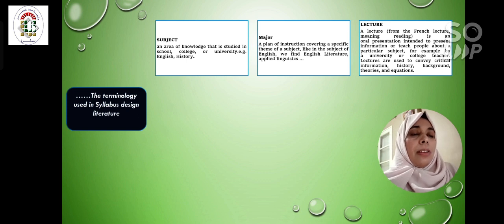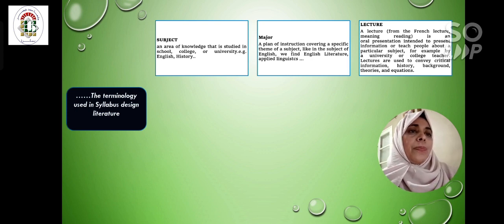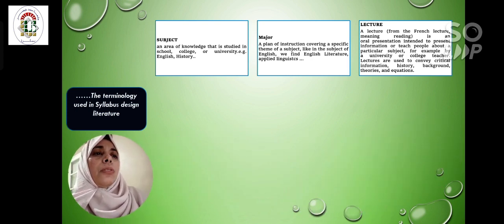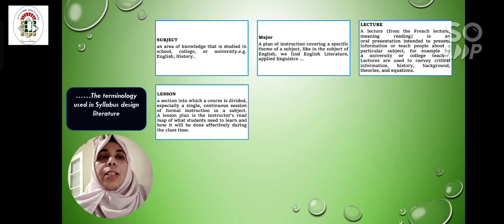So what do we have here in the lecture? Here we have a lecturer, the presenter of the lecture, or the teacher who presents the lecture. We call him lecturer. We move now to other terminology used, which is the lesson. A lesson is a section into which a course is divided, especially a single continuous session of formal instruction in a subject.